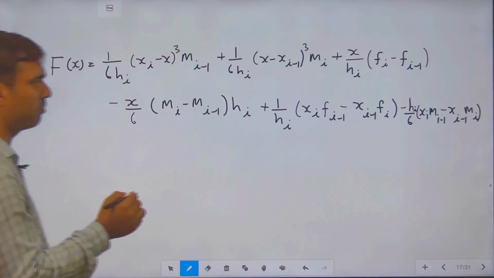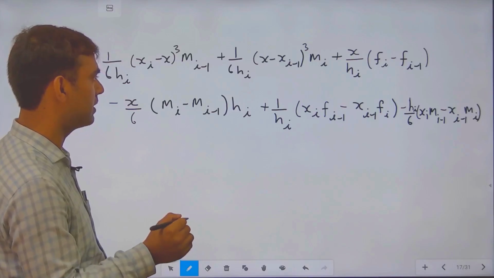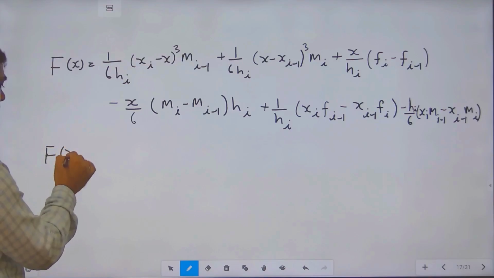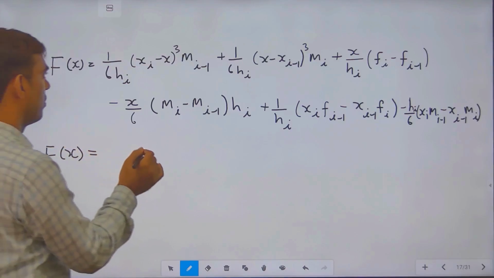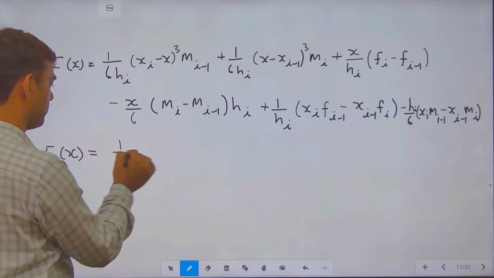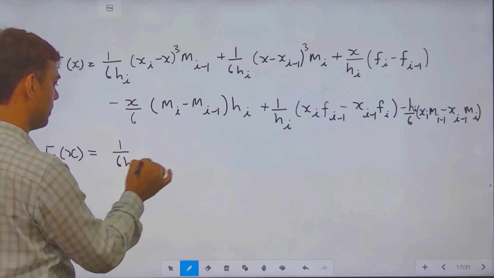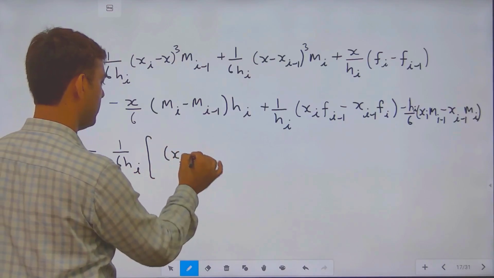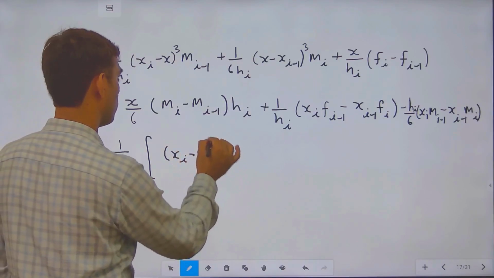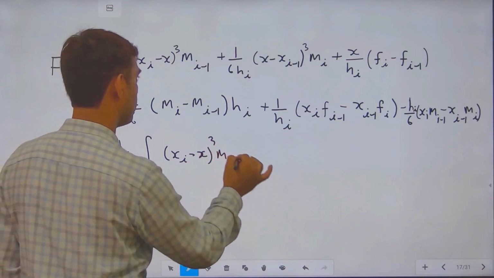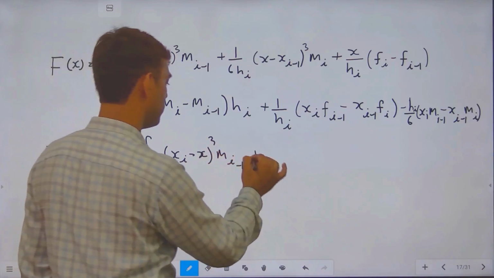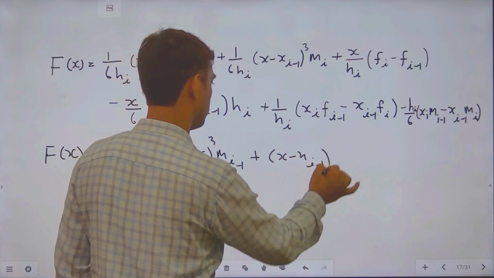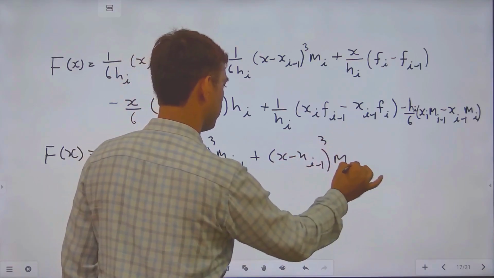If we simplify this expression, it can also be written as 1 upon 6 h_i inside (x_i minus x) whole cube M_{i-1} plus (x minus x_{i-1}) whole cube M_i.